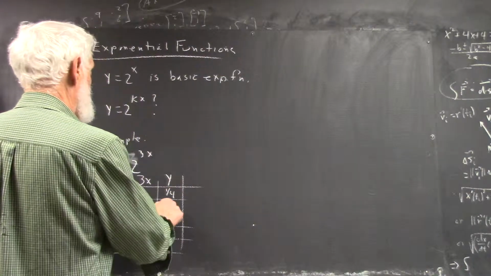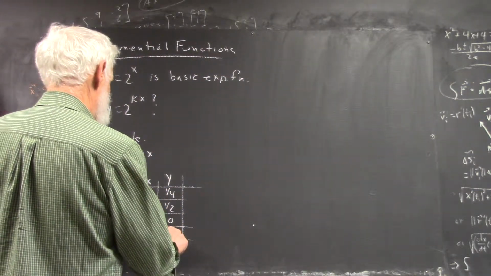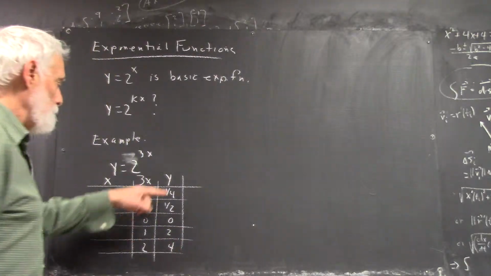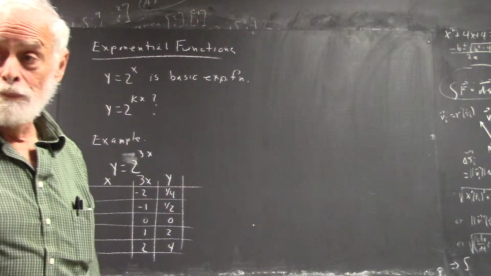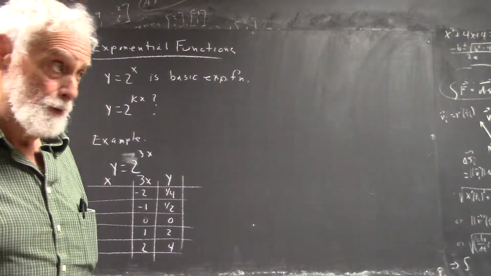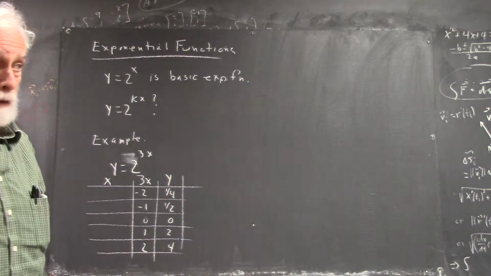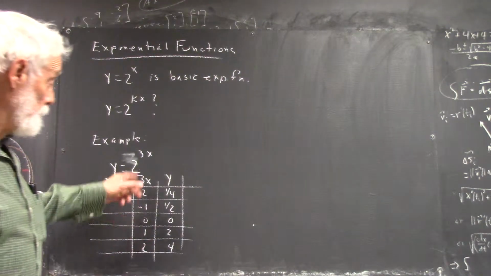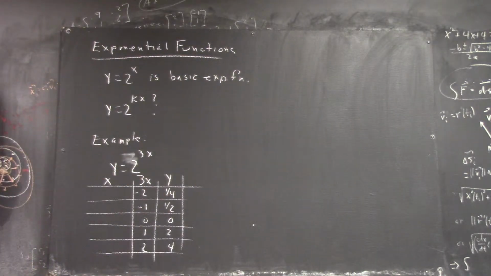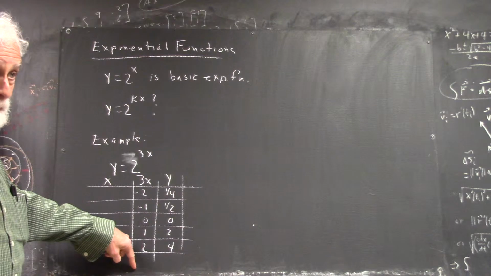And if 3x is negative 1, y is going to be 1/2. I'm just going to get the numbers I'm used to from the basic function. That's another reason I wanted you very early to really nail these tables and graphs for the basic functions, okay? So I have to assume you understand exactly what I did here, except that these are values of 3x, okay?